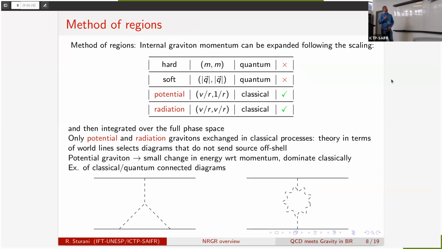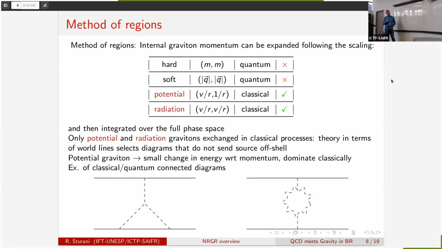And basically there are regions in which the momentum exchanged is of relativistic type, so strong that it can give a hit to this particle, so that this virtual particle can have a non-negligible contamination from a particle-antiparticle state, and those are the quantum processes. And then there are processes in which this momentum is so low that the recoil of the source is basically negligible. And here there's no quantum field theory propagator from this particle, because there is zero contribution from the antiparticle state. And you can guess that this is exactly the case of gravity.